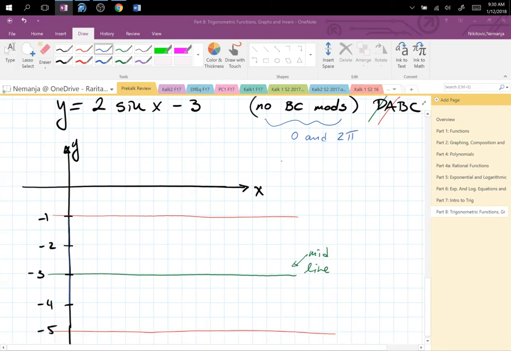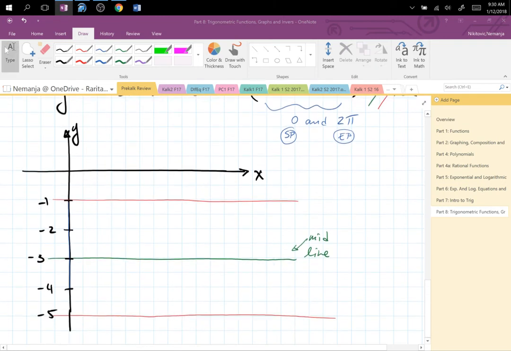And these guys are your starting point SP and your end point EP. And let's see, I have my standard pi over 2, pi, 3 pi over 2, and 2 pi. So I get my box at 2 pi.